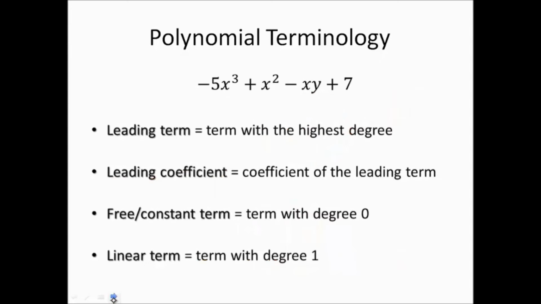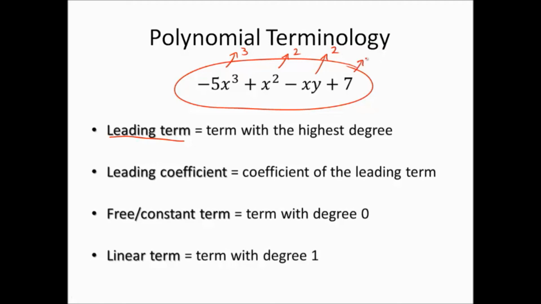Here's some more polynomial terminology. Let's take a look at this example here and pick out the components that we may be asked to find. So first of all, the leading term is the term with the highest degree. So let's find the degrees of each of these terms. The degree of the first term was 3, second term was 2, this term was 2, and this one is 0.